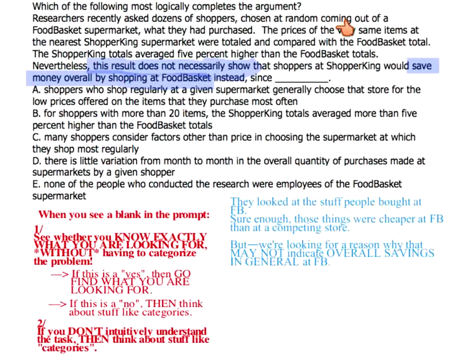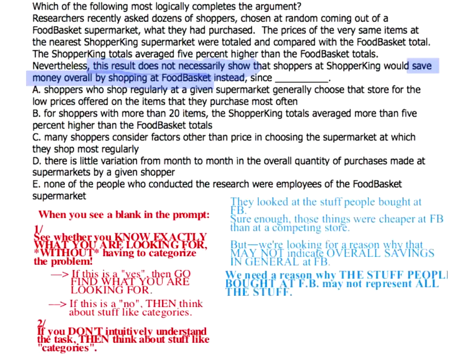If that was a thing, then this would be an absolutely unassailable logical connection here. But maybe not, right? So we need a reason why the stuff people bought at Food Basket may not represent all the stuff. That's how you would do this.